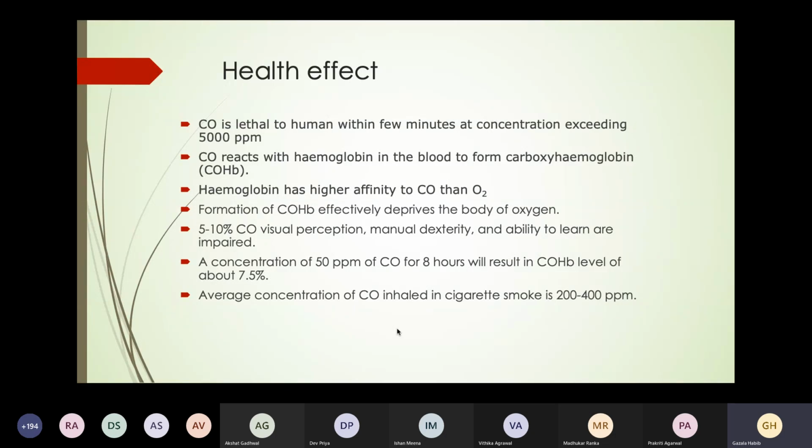Okay. Average concentration of CO inhaled in cigarette smoke is 200 to 500, 400 ppm. So cigarette smoking is more dangerous than inhaling the atmospheric air. But you cannot make this an absolute statement.